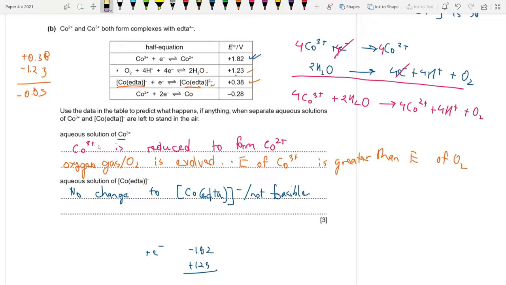So there are two possibilities here. Either you could say that cobalt 3 plus will be reduced to cobalt 2 plus, or you could say that cobalt EDTA 2 minus would be oxidized to cobalt EDTA minus only. That's a possibility, okay?